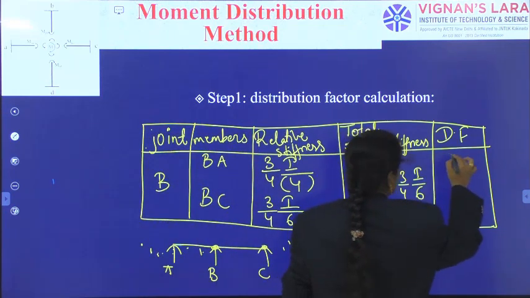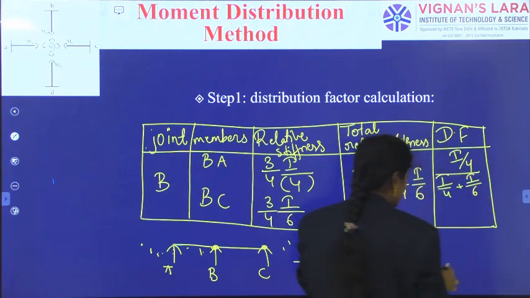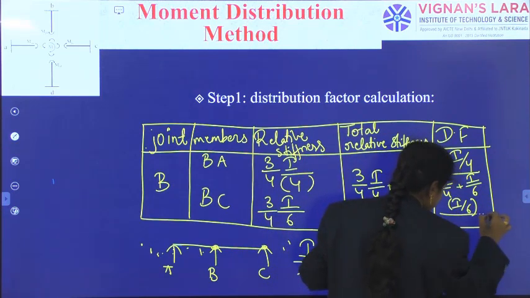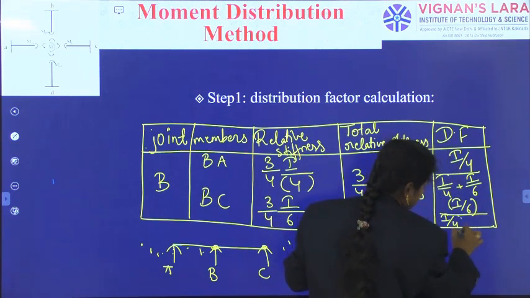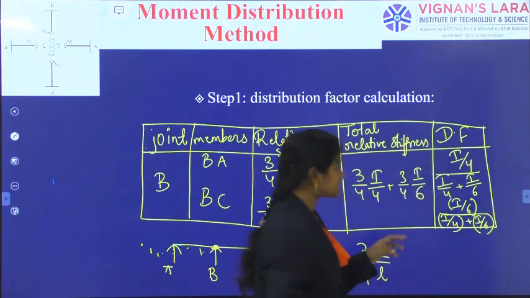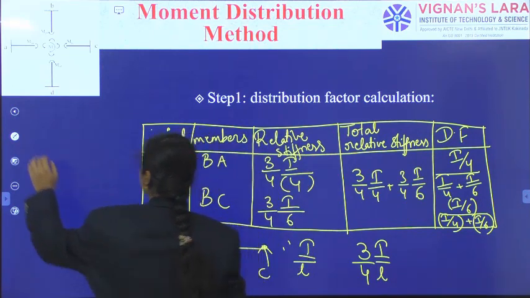So, I by 4 by I by 4 plus I by 6. And for the bottom one, I by 6 by I by 4 plus I by 6. As I am cancelling 3, you can cancel I also.